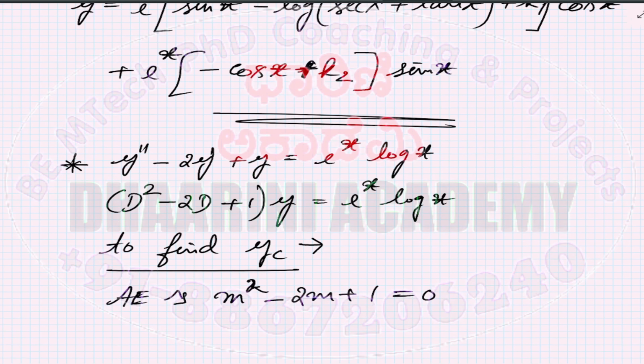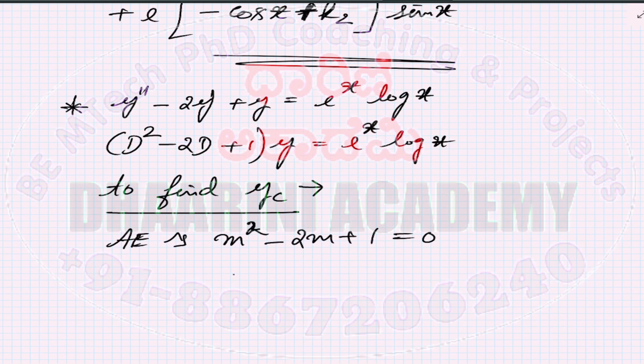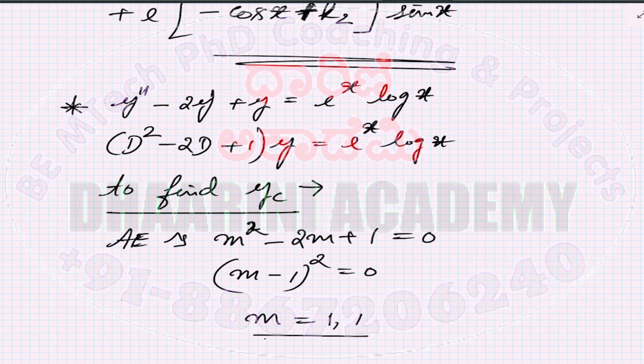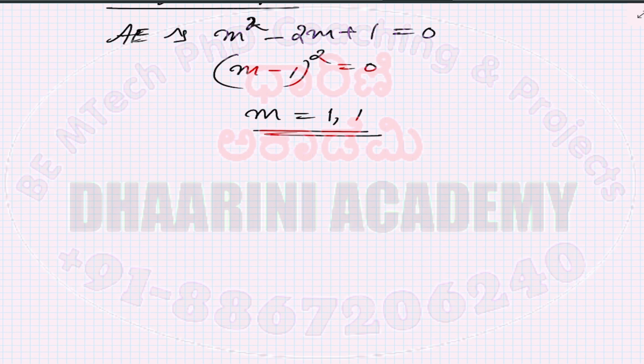Okay, I can see that this is a perfect square, so I can write this as m minus 1 the whole square equal to 0. So roots are 1 comma 1. So as I can see, roots are real and repeated. So as the roots are real and repeated, the yc can be written as follows. That is a constant c1 plus c2 x into e to the power x.